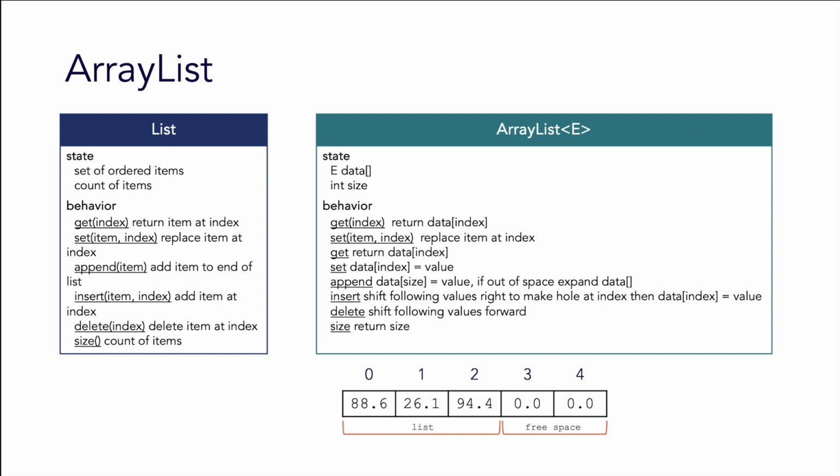Then, as I continue to add things, I can add them at indices, I can shift things over, but I will continue to maintain the list between index 0 and index size minus 1. And everything from size onward will be beyond the size of the list, though still within the given array.